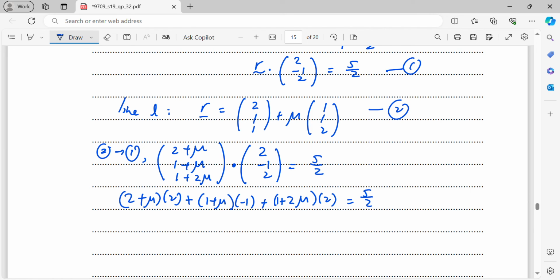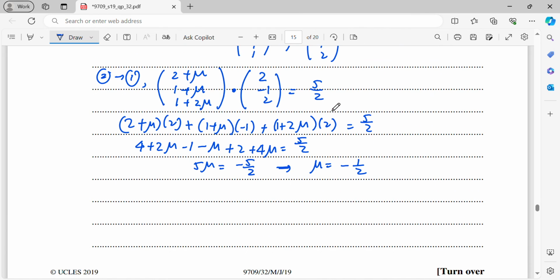Then you will be getting 4 plus 2 mu minus 1 minus mu plus 2 plus 4 mu equals 5 over 2. That means the total for the mu is 5, and then all the numbers move to the other side and combine with the 5 over 2, you will be getting minus 5 over 2. So from here, I know that my mu is negative half, because you can just divide by 5.